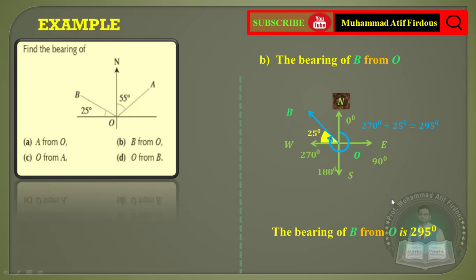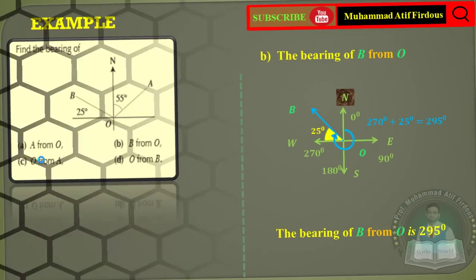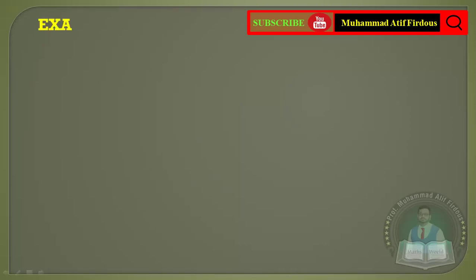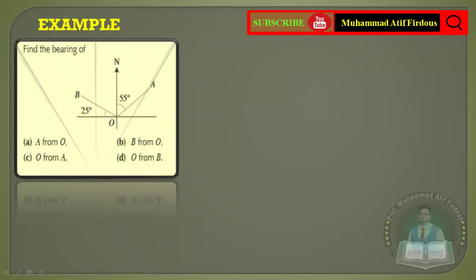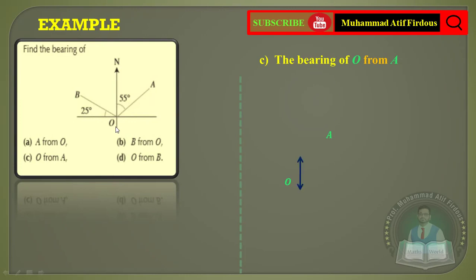Got it? Okay. Next we move on to our third part, part C, which is to find the bearing of O from A. This is your O, this is your A. Make a north line at point O. The given angle between O and A is 55 degrees.